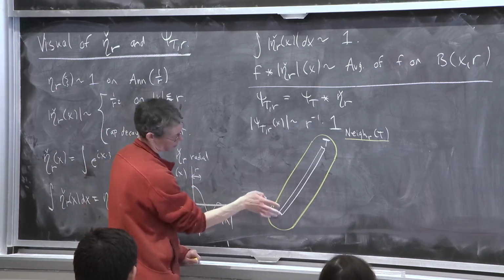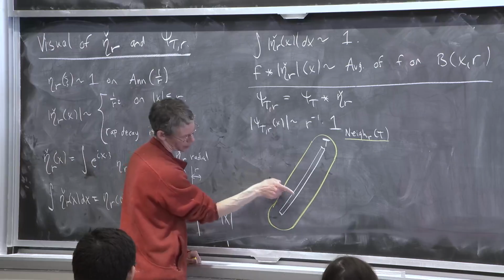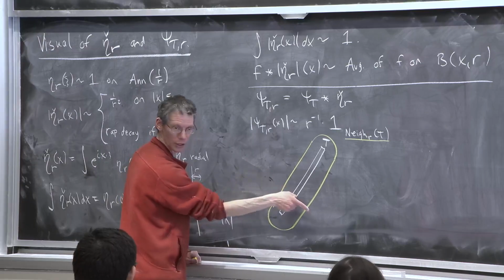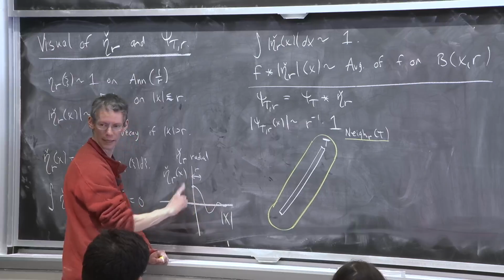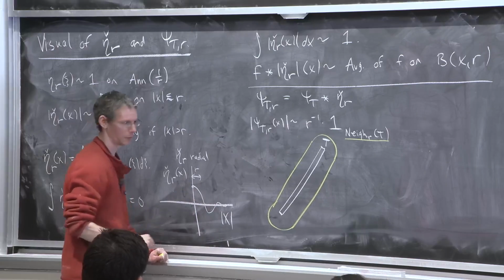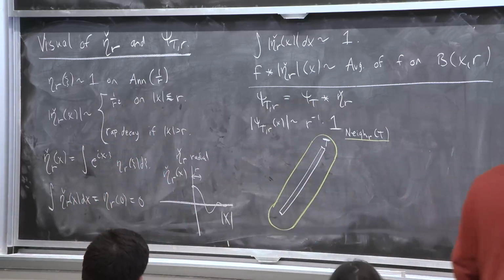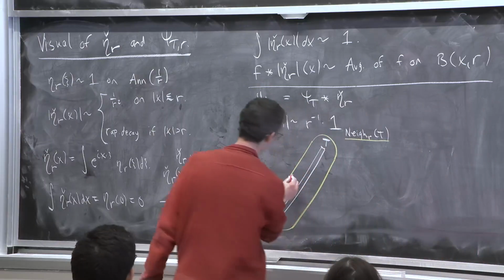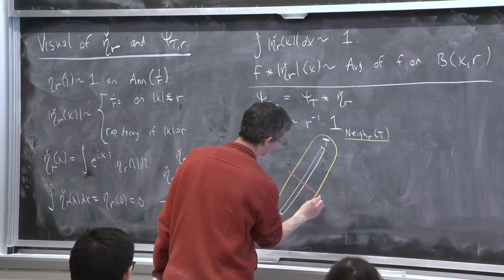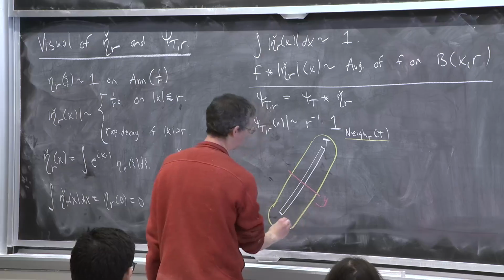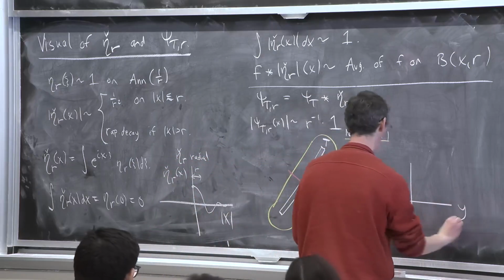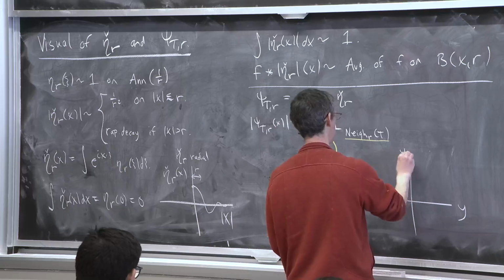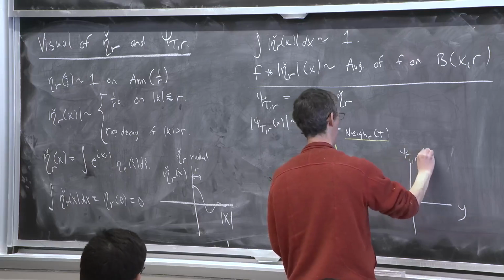So if the graph of this function mostly depends on the transverse direction, then it looks a lot like this. So this would be the transverse direction, and this would be the height. So here, I'll put that in the picture. So this transverse direction, maybe I'll call y. And then we could make a graph where here we put y, and here we put CTR of y.